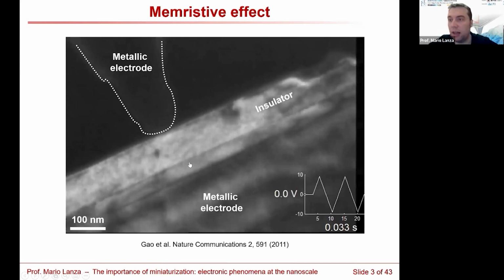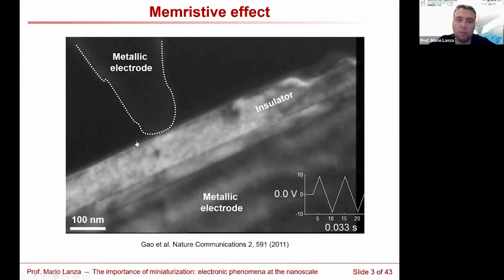So, for those that are unfamiliar with the resistive switching phenomenon, this is basically a phenomenon that happens in an insulating material, an electrical insulator, that is placed between 2 metallic materials, 2 electrodes. Here, this is a cross-sectional transmission electron microscope image of the insulating material placed on the metallic electrode.